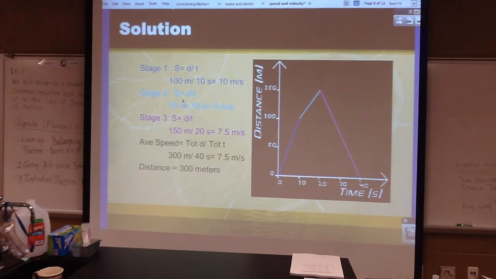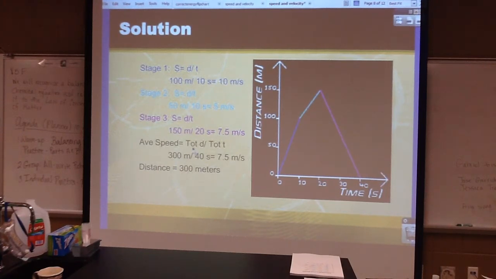In stage 2, we used the same formula, speed equals distance divided by time, 50 meters divided by 10 seconds, and you came up with 5 meters per second. In stage 3, you had 150 meters covered in 20 seconds, so you ended up with 7.5 meters per second.